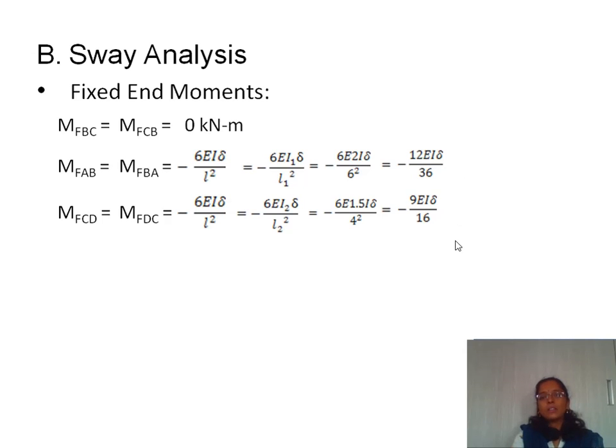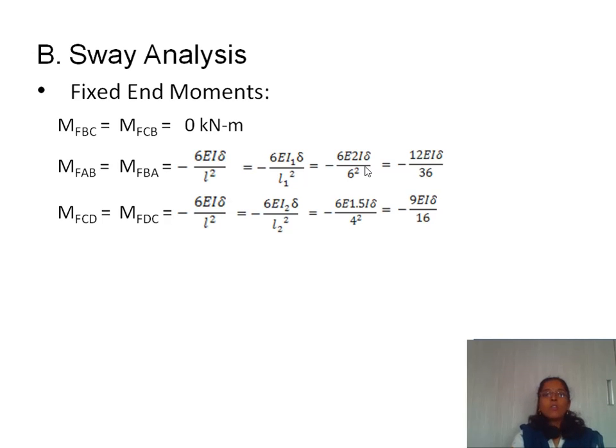If the frame has a tendency to sway towards left, you have to take these fixed end moments as positive. If the frame has a tendency to sway towards right, then these fixed end moments for sway will be negative, because delta is positive, so plus into minus is minus only, and if the frame is having a tendency to sway towards left, minus into minus becomes plus.